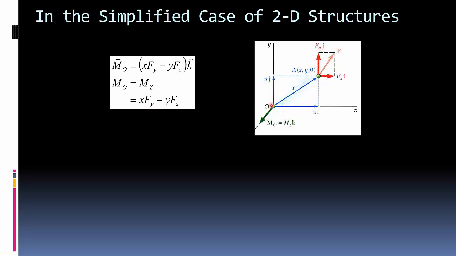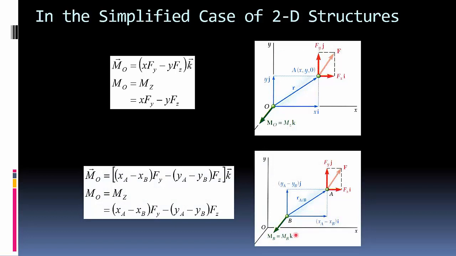But on a simpler level, the way I think about this is it's your x component of the force times the y distance, and the y component of the force times the x distance. So when do you subtract them? When do you add them? Well, you look at the figure. This force about this point is going to want to make it rotate in this direction. This force about this point is going to want to make it rotate in that direction. So these are going to have opposite signs.